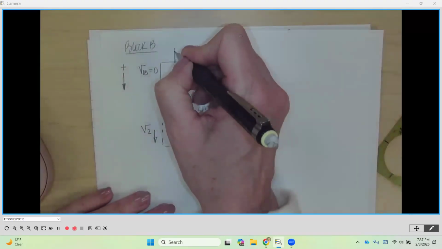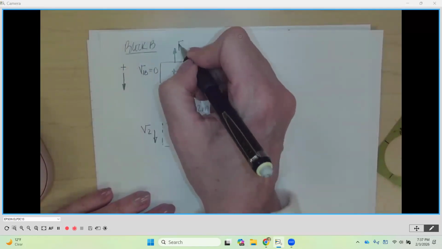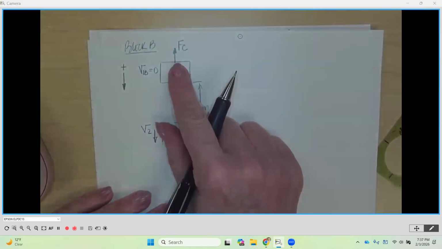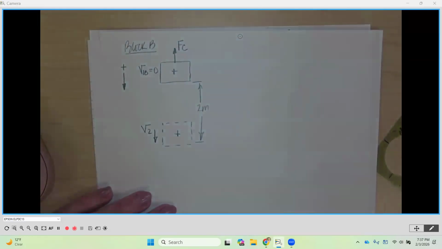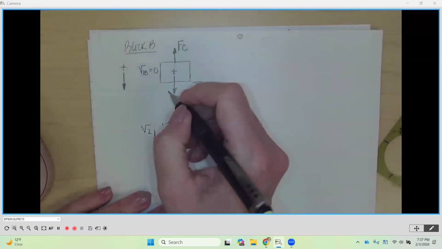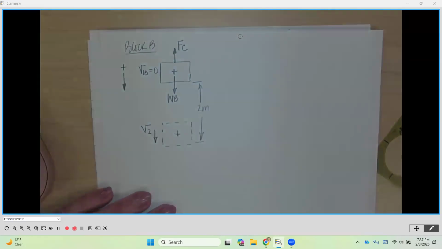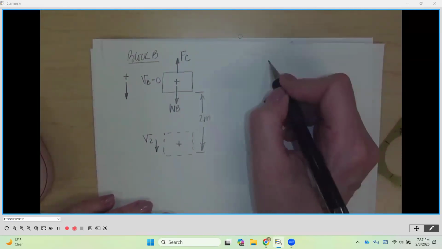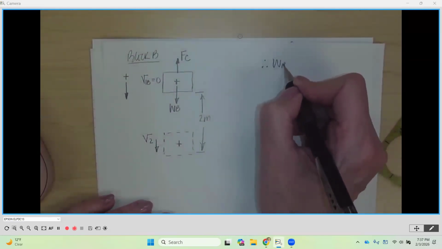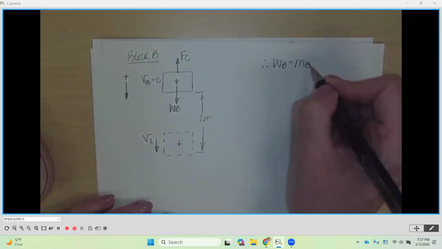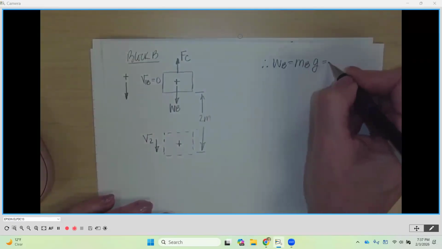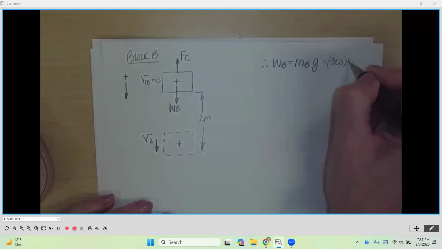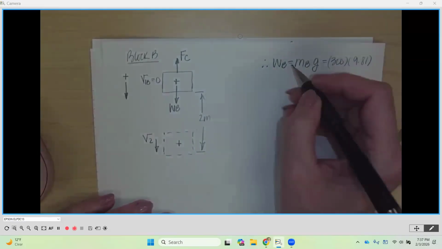Now we know that cable is going up on B because it's connected up to A. And then the weight of B is going to be coming down, right? Now we can calculate that weight. The weight of B is equal to the mass of B times gravity, and we know that to be 300 times 9.81.